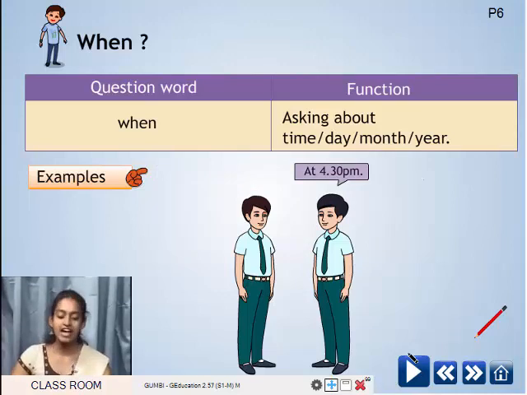Okay. My father had promised to take me to the beach on Monday, but he was busy with his office work. He took me dash. So you have to answer the question when. You have to find a word which answers the question when. My father had promised to take me to the beach on Monday, but he was busy with his office work. He took me.